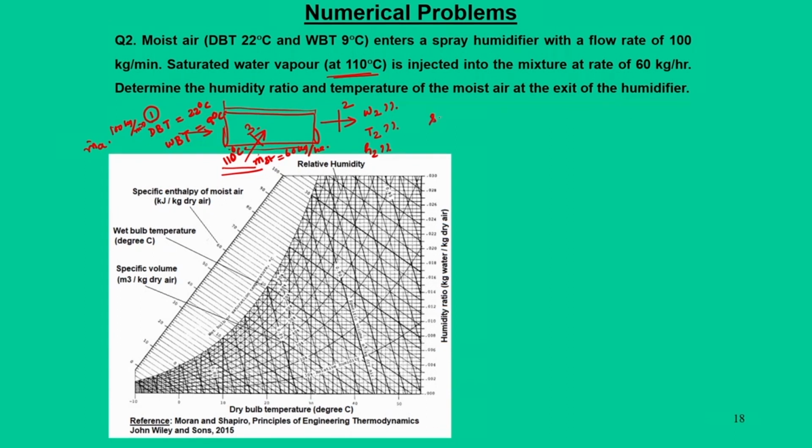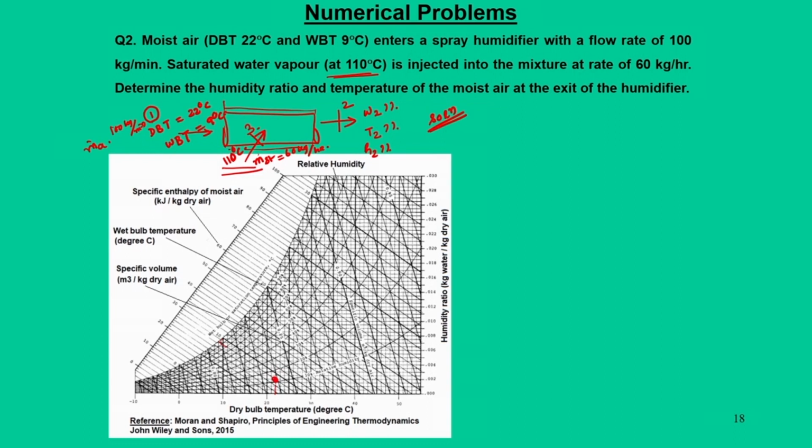So, for the solution, first we have to locate the point state 1. We go to 22 degree centigrade DBT and 9 degree WBT. If you look here, the 22 degree DBT line goes like this, and the 9 degree WBT line is somewhere here.